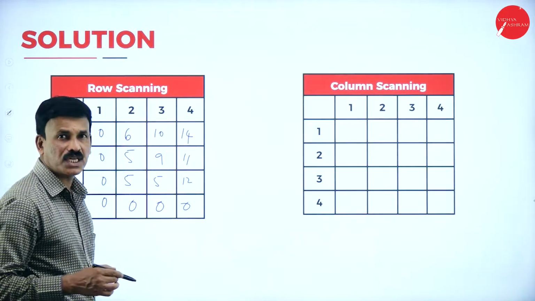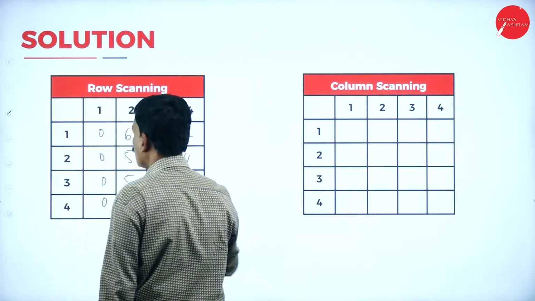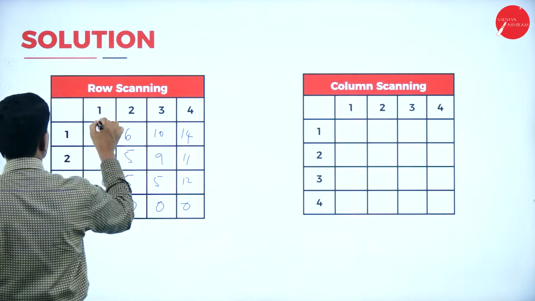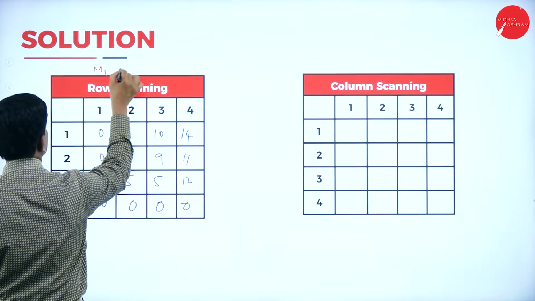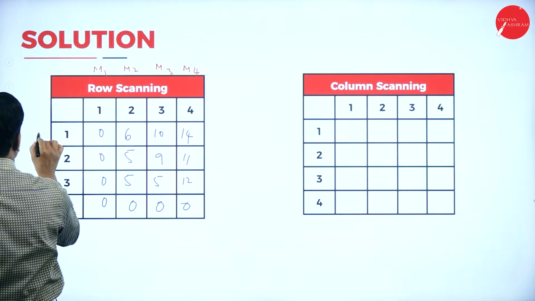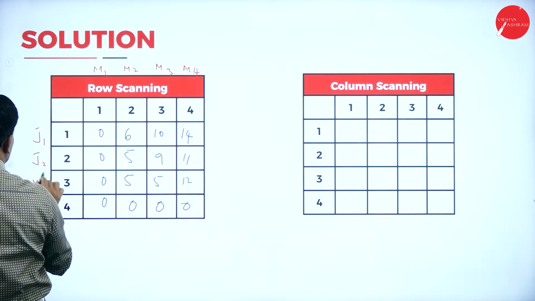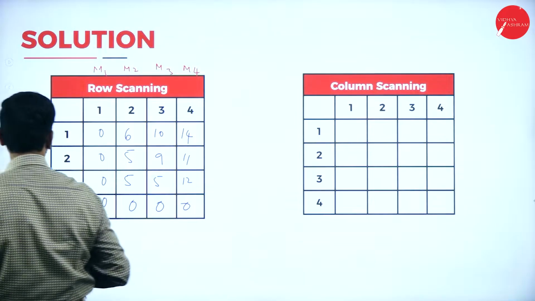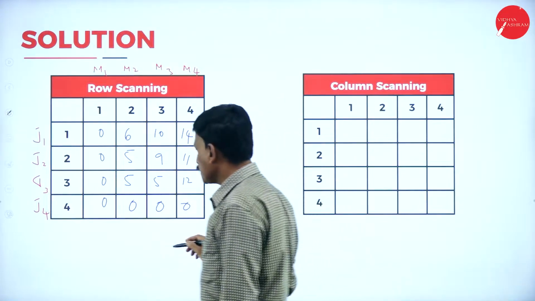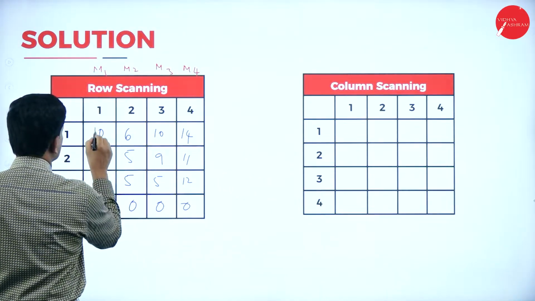Let us come to the row scanning now. In the first row, identify the zeros here. These are M1, M2, M3, M4 and these are the jobs J1, J2, J3 and J4. Now, just find the 0 here. Let us mark this 0.